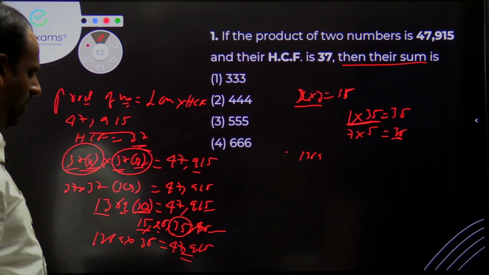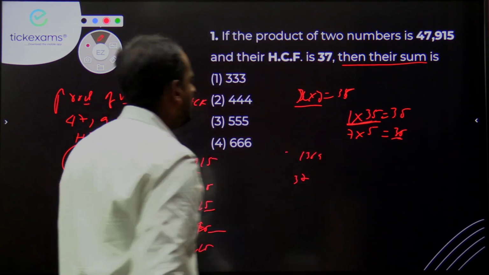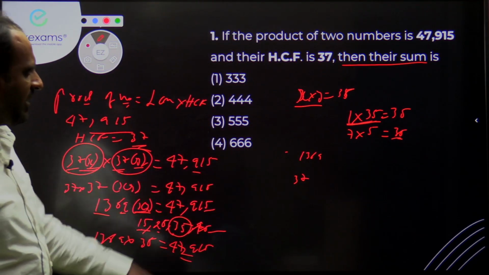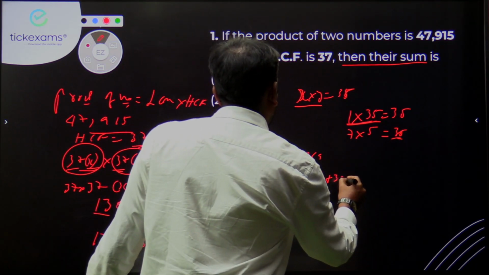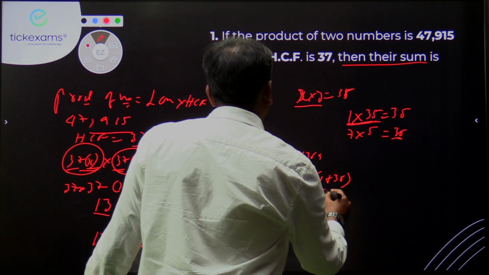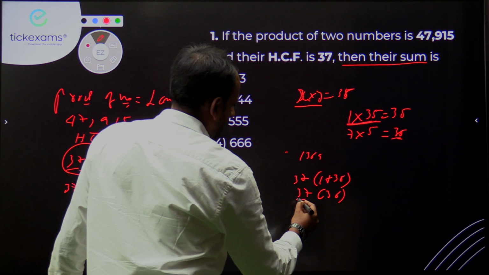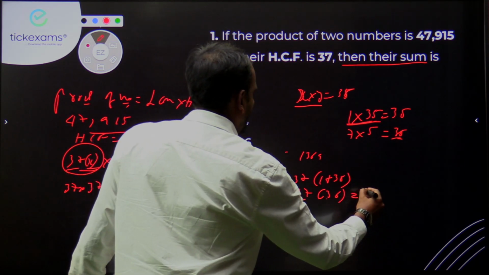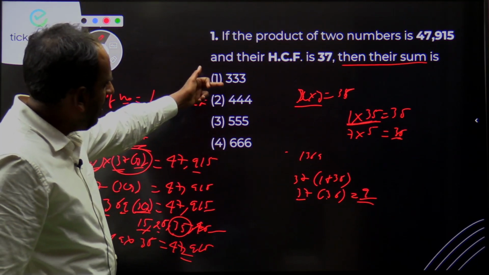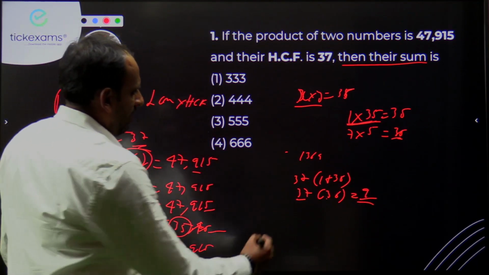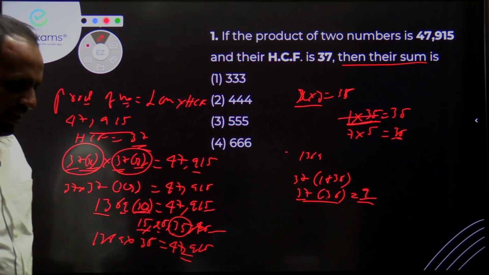So 37 into 1 plus 35, that is 37 into 36. If we observe these digits, 3 into 3 we will get more than 900. But when we see the options, we have all the options less than 900, which means we don't need to use this option.